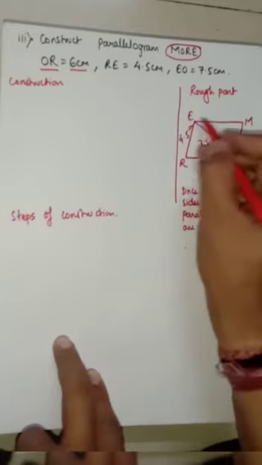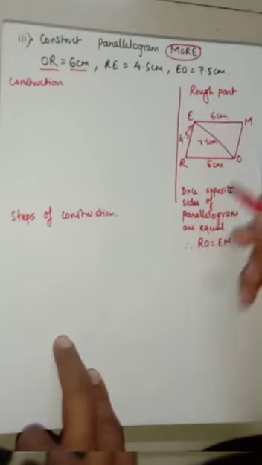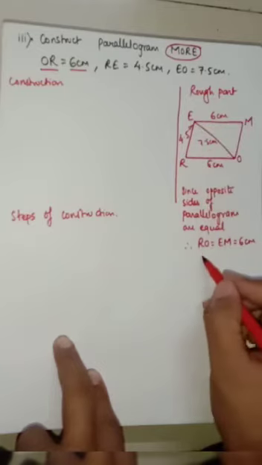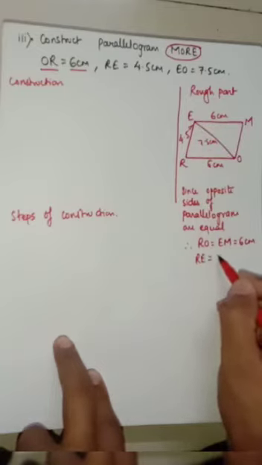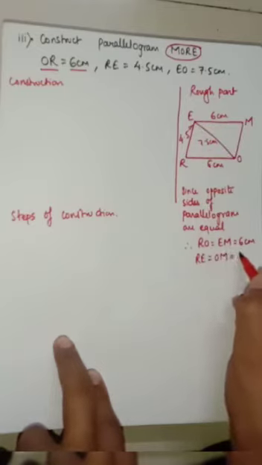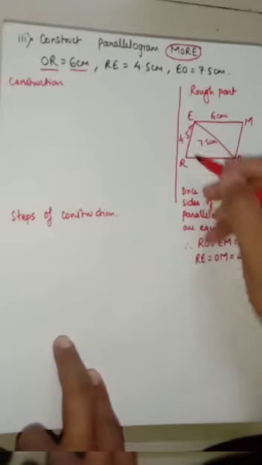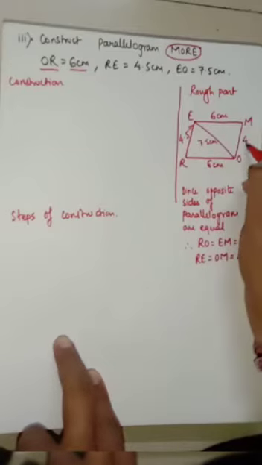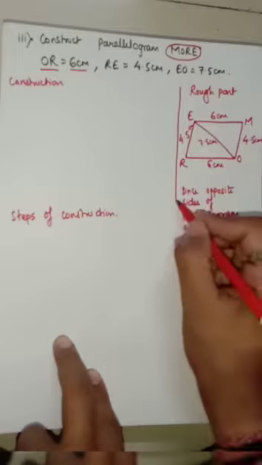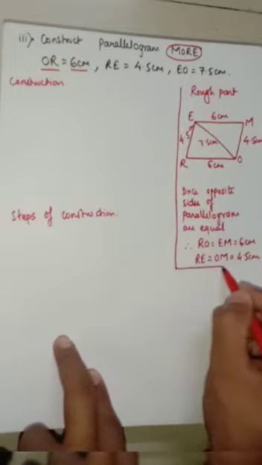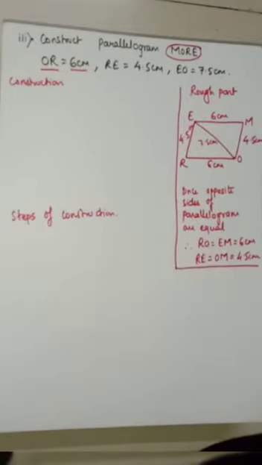Since RO is 6, EM will also be 6 centimeter, and RE will be equal to OM equal to 4.5 centimeter. Since this is 4.5, this will also be 4.5 centimeter. So now this is important information that we have to show in the rough part.